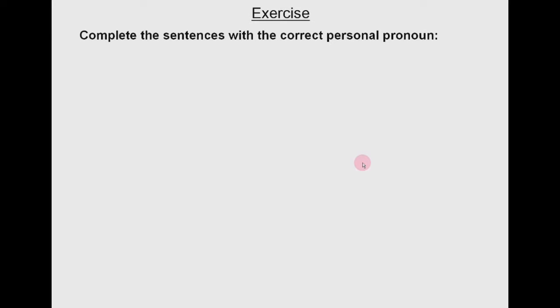Exercise. Complete the sentences with the correct personal pronoun. Example: look at that blue dress. Something is beautiful. So I want you to complete this sentence with the correct personal pronoun.